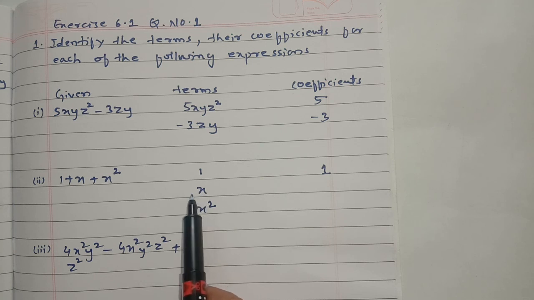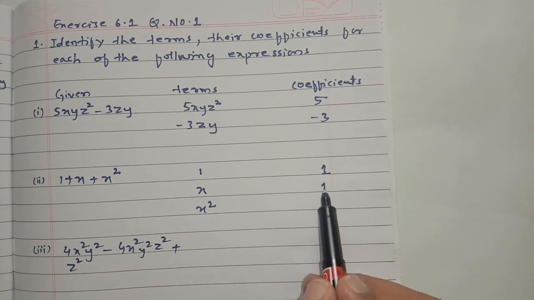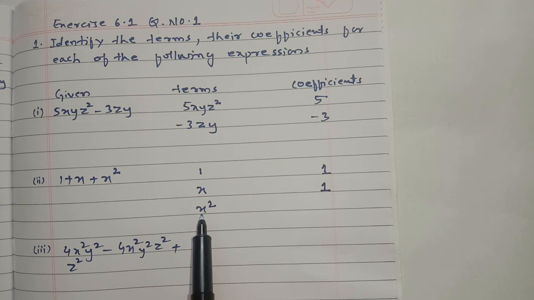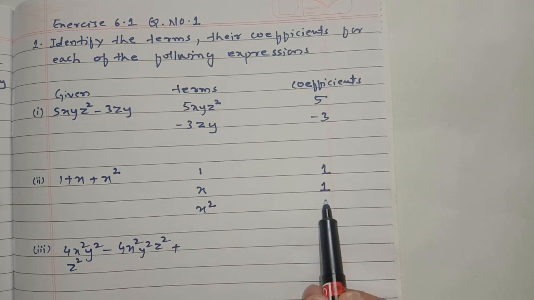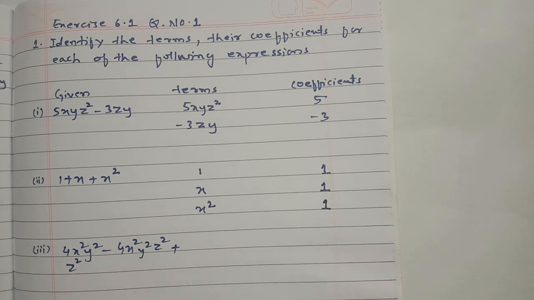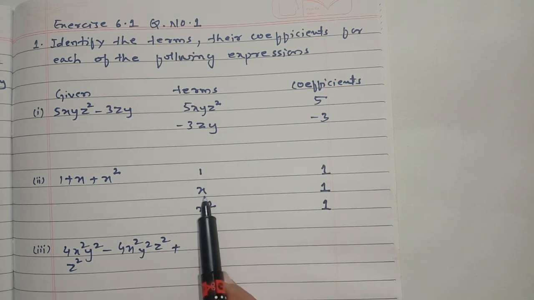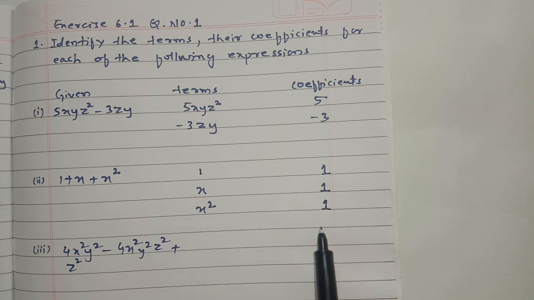So the coefficient of x is 1. Here also a number is not mentioned, so we can write it as 1 into x square. Again it will be x square, so the coefficient of x square is 1. Or simply keep in mind, if the coefficient is not given, then the coefficient is 1. So for this x and x square, the coefficient is 1.